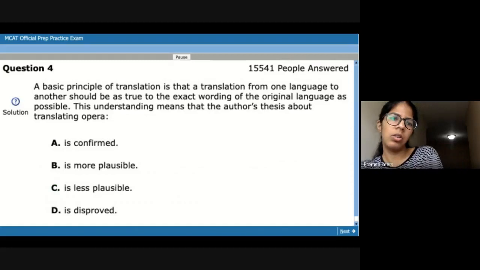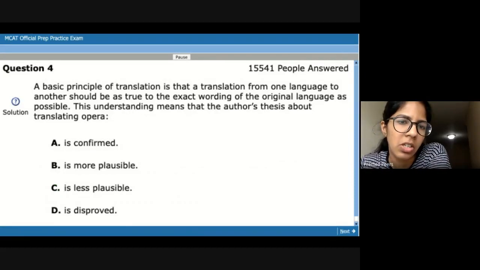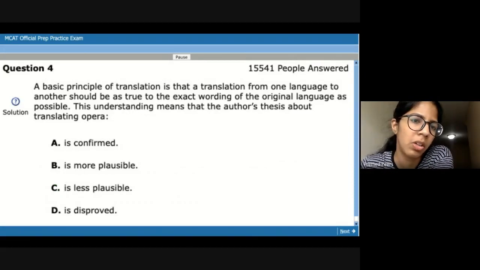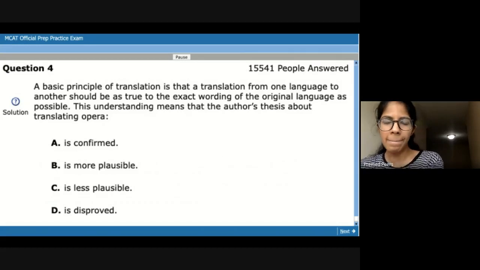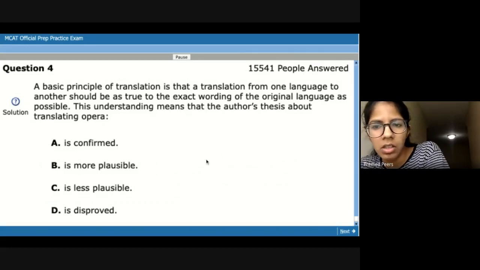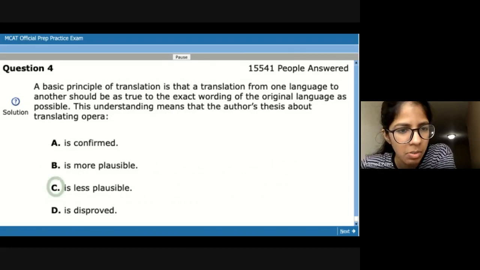Okay. So question 4: a basic principle of translation is that a translation from one language to another should be as true to the exact wording of the original language as possible. The understanding means that the author's thesis about translating opera is confirmed, more plausible, less plausible, or disproved? So I'm seeing you guys say C, which is correct.